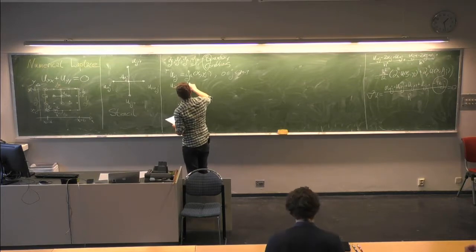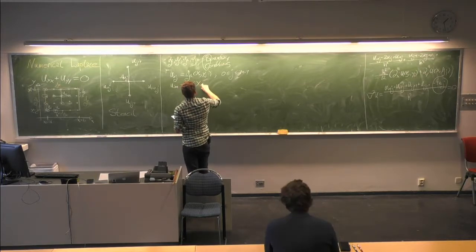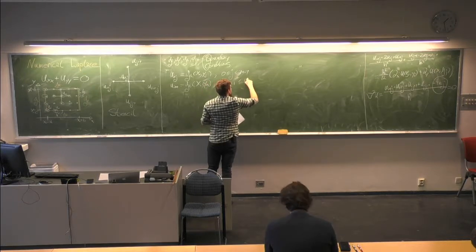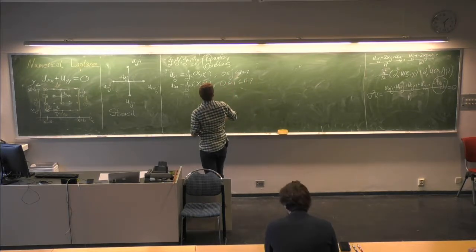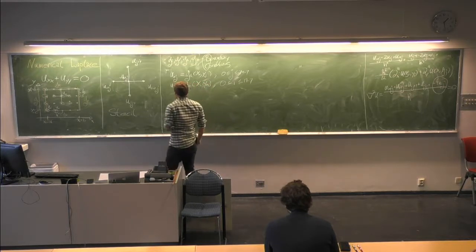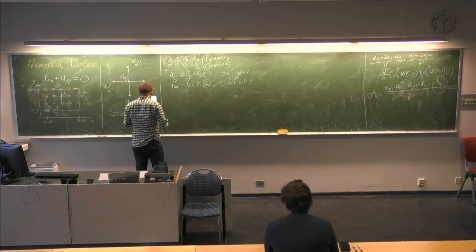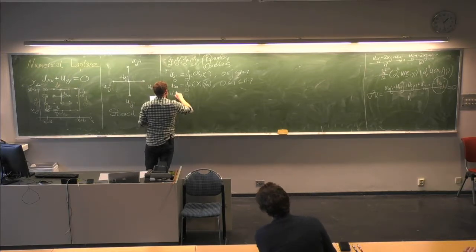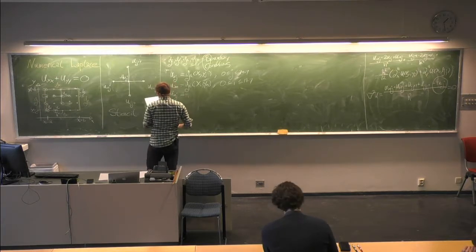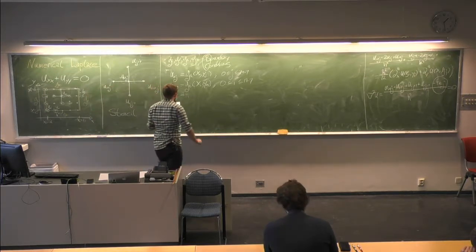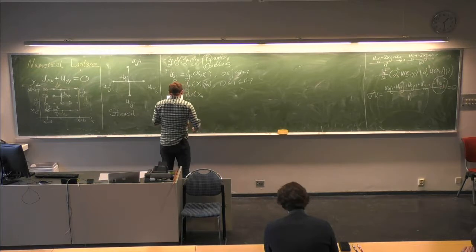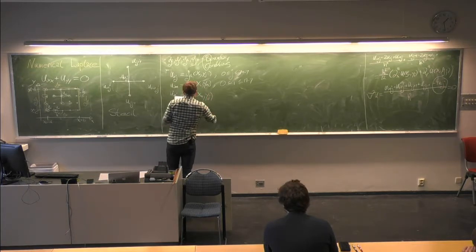That's GT of xi, ym, for i from 1 to n minus 1. Then u of n, j is this one, GR of y j.